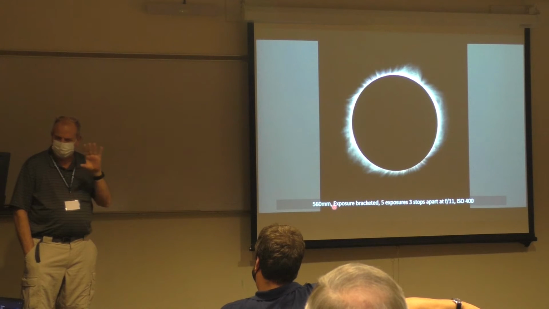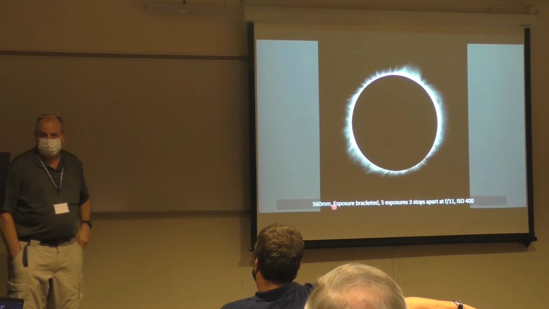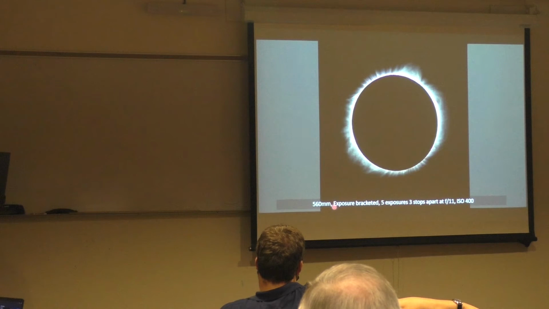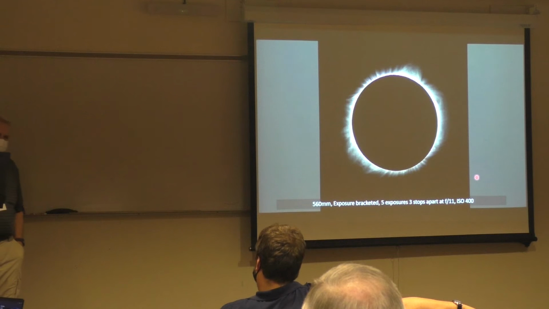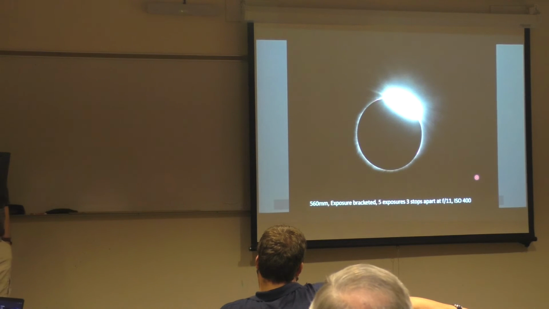It got a kind of steely, strange color to it. It's the first time I've ever been in totality like that. 2024, right? We've got another big one coming. So there's a diamond ring with a little bit of flaring over here.